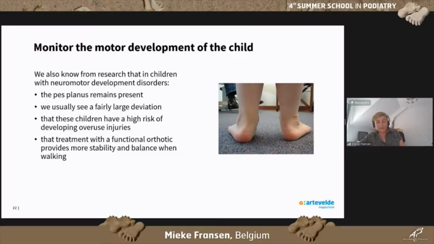We also know that these children have a high risk of developing overuse injuries in early life, which also makes it harder for them to participate and join their peers. There is research that states that treatment with a functional orthotic, which we'll be talking about in a few minutes, provides more stability and balance when walking, and therefore makes walking, playing a little bit easier for these children, and will also help them in preventing overuse injuries.